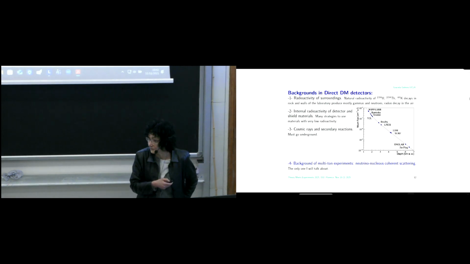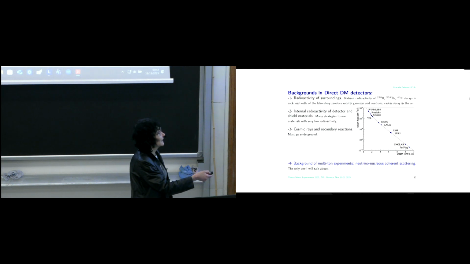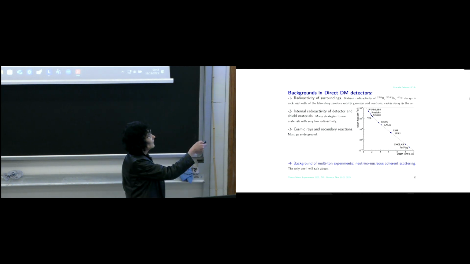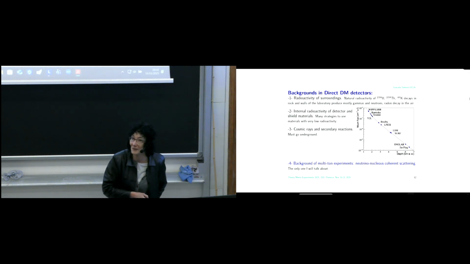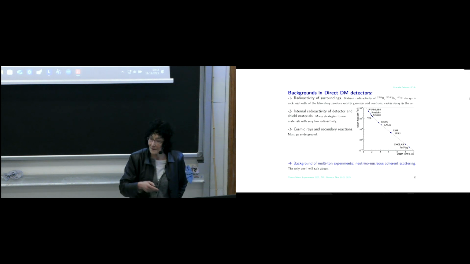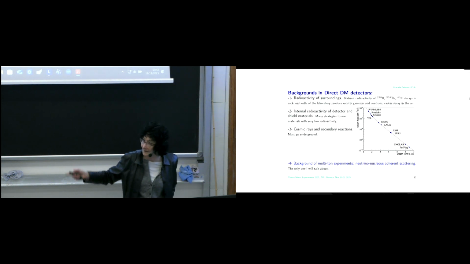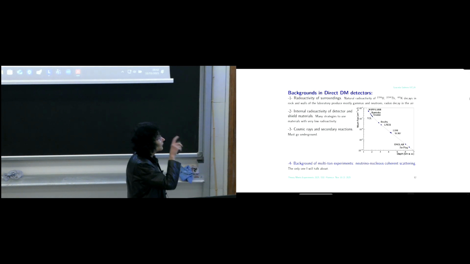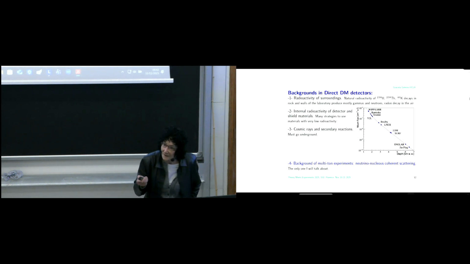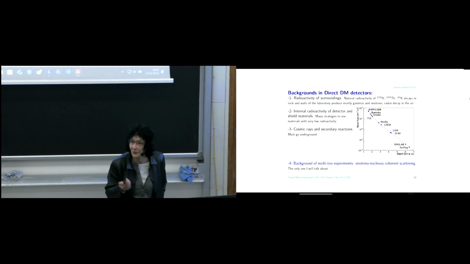Oh, the backgrounds. The only one I will talk about is the background of neutrino nucleus scattering. All the rest is for experimentalists to address. But in any case, you have radioactivity in your surroundings. I was mentioning, for example, when muons get to and activate different things in the laboratory. Then internal radioactivity of the detector, that's why the shielding and the radio pure materials.